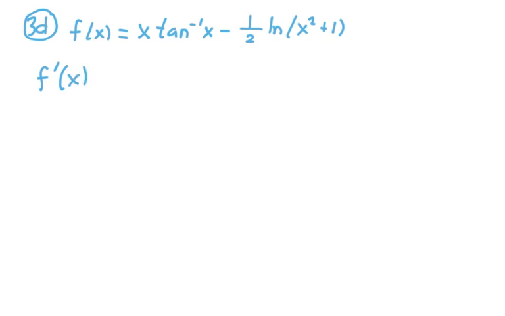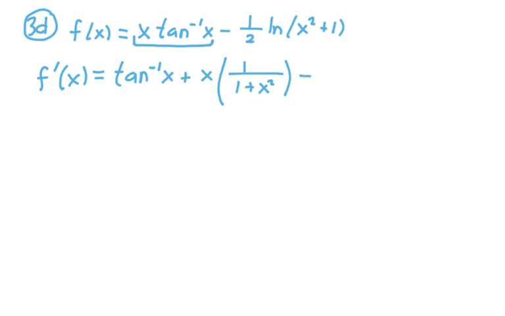So if I want f prime of x, on this first term, I'm going to apply the product rule. Now, the derivative of x is 1, so I'm left with arctangent of x, right? Plus x times the derivative of arctangent of x, which is 1 over 1 plus x squared.